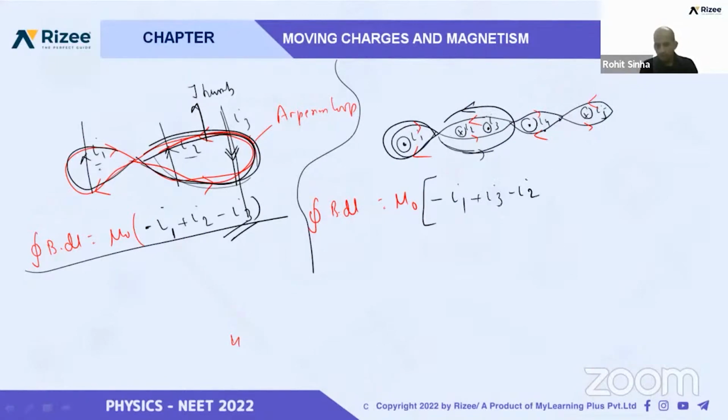For this one, curl your forefingers in this direction; the thumb points inward, but the current I4 is a dot, so we take it as negative. For this one, a dot should be positive, so it is a cross, and we write I5 negative.